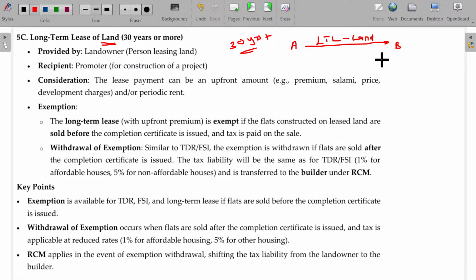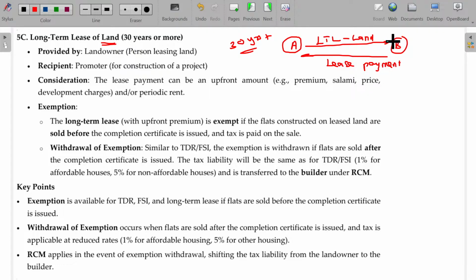Now, the payment for this, the consideration, is the lease payment. See, the landowner A leases his own land for more than 30 years. B promotes any residential property, commercial property or any other commercial establishment for 30 or 40 years, right? Okay, promoter. Later the promoter can let out to some third party. That's a separate part.